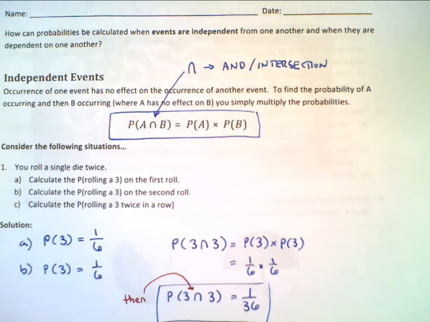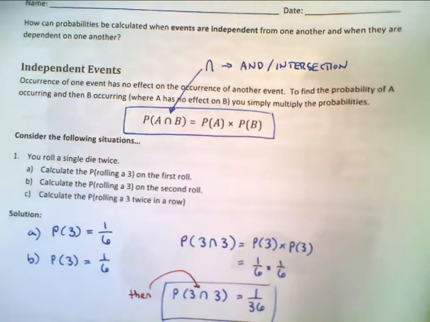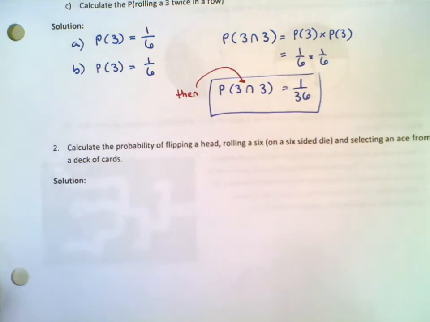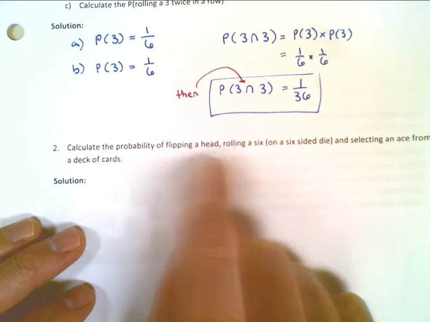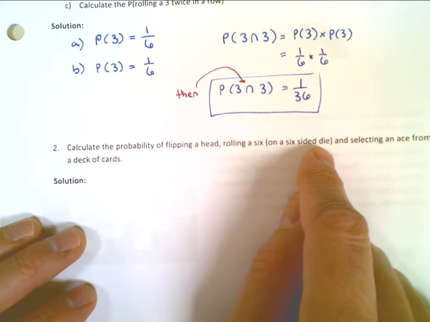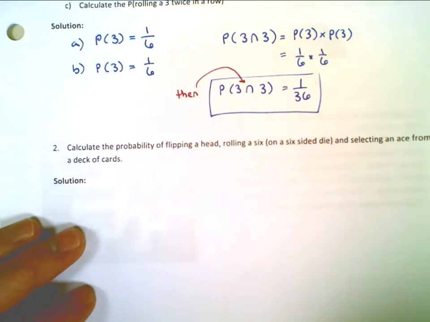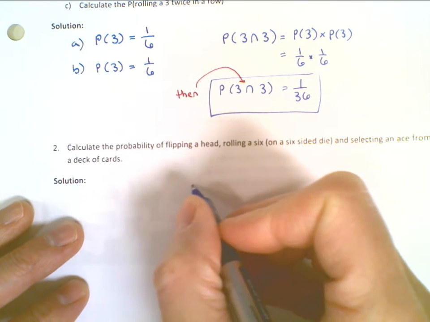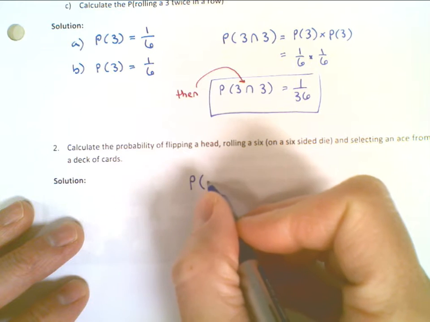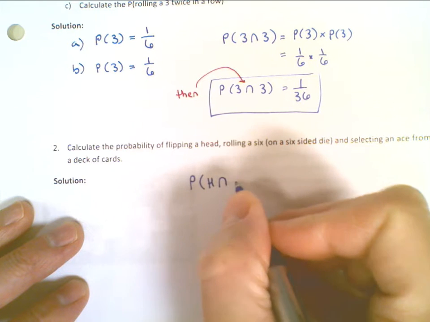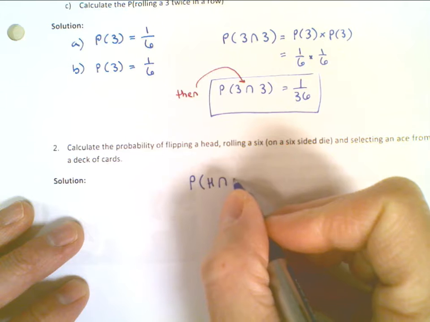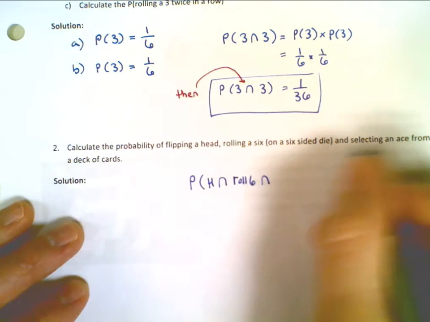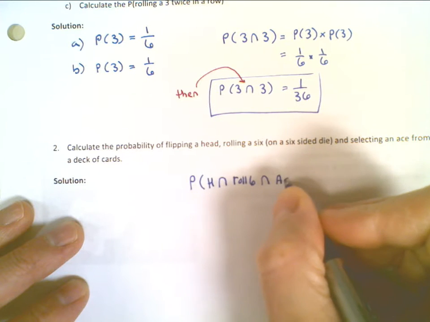Okay, so with that, we might want to look at something, calculate the probability of flipping a head and rolling a 6 on a 6-sided die, and then selecting an ace from a deck of cards. Okay, so what we're looking at here is the probability of rolling a head, then rolling a 6, then selecting an ace.